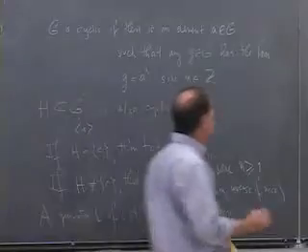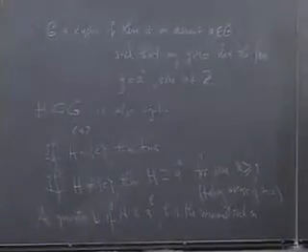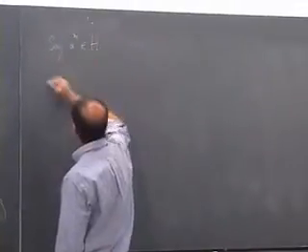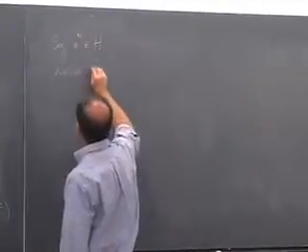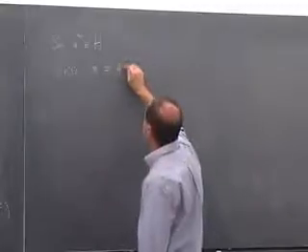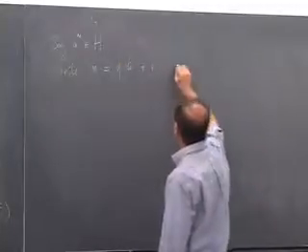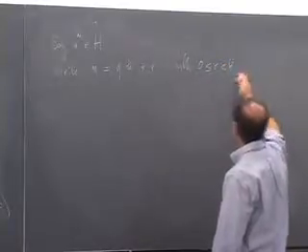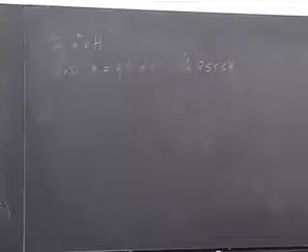Suppose there's something else in H, say A to the m is in H. So we write m as some multiple of k plus a remainder, m equals qk plus r, with 0 less than or equal to r less than k. We use the Euclidean algorithm to write it that way.